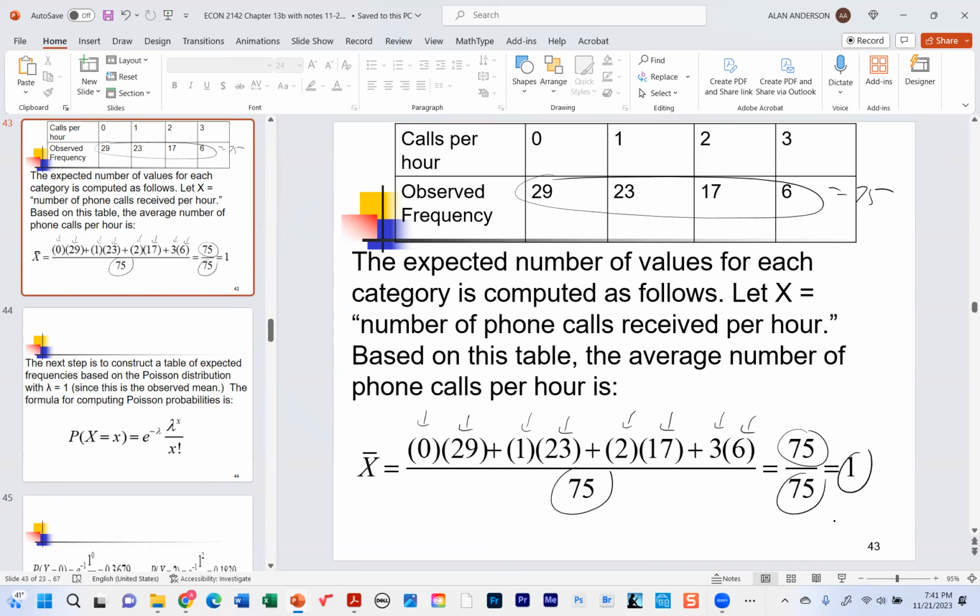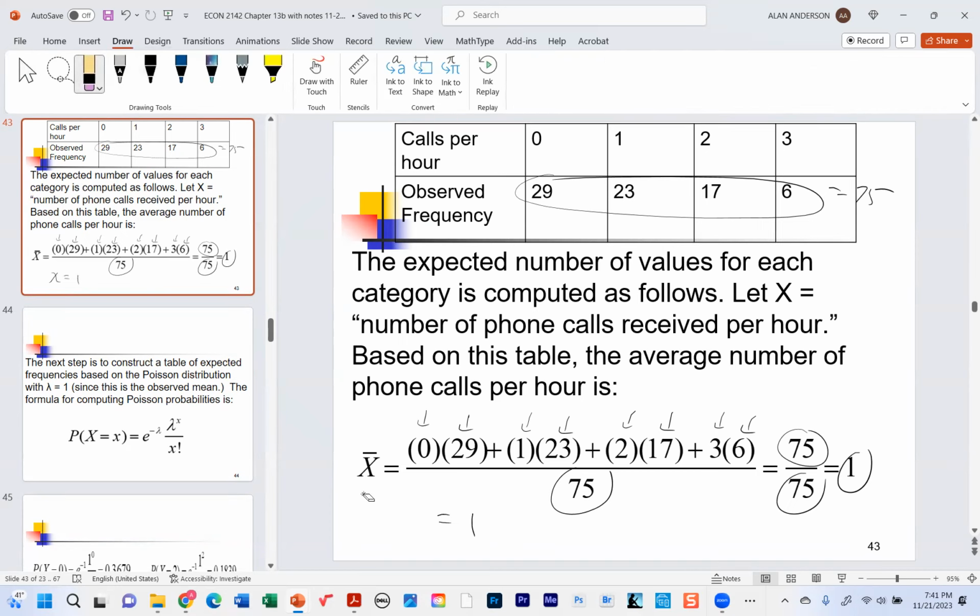And so that gives me a 1, and that becomes my lambda. So it's not that difficult, it's just time consuming. So what that means is that for this particular data set, we can assume that our lambda is equal to 1. Now we can calculate any probabilities that we need for our expected frequencies.